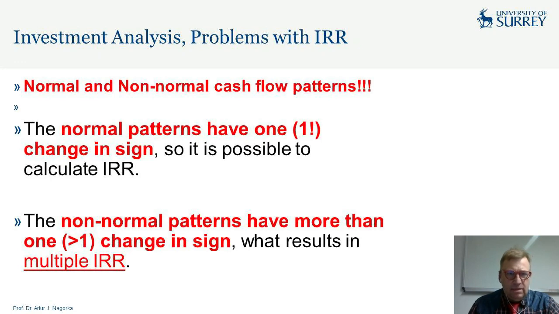But to put this as a definition, the normal patterns have 1 change in sign. During our time of investment, it changes only once. With 1 change in sign, it's possible to calculate a meaningful internal rate of return.